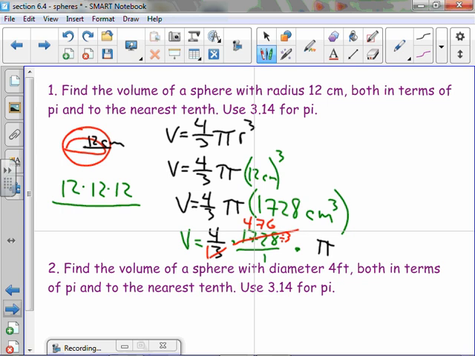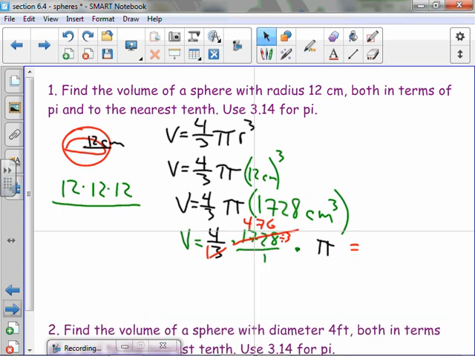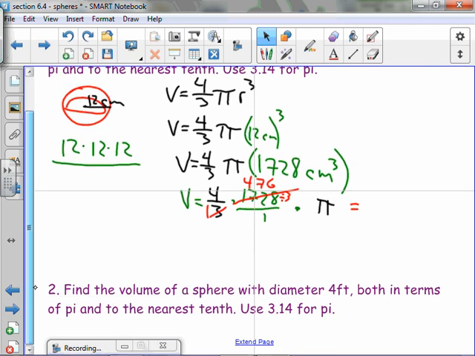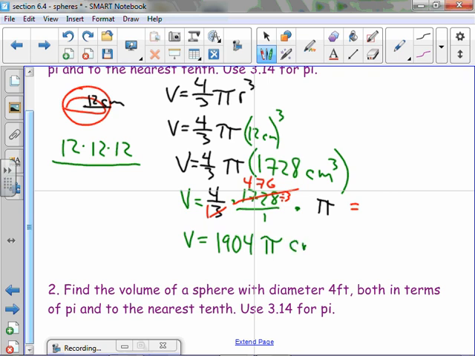And now what I have is that my volume is equal to 4 times 476 times pi. And 4 times 476, again using the calculator, I get that the volume is equal to 1904 pi, and this is going to be centimeters cubed. There's my perfect answer in terms of pi. And now I'm going to want my approximate answer.